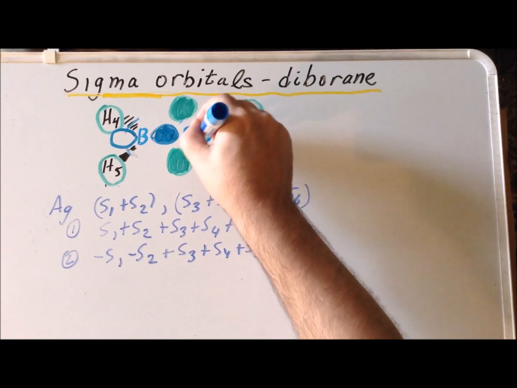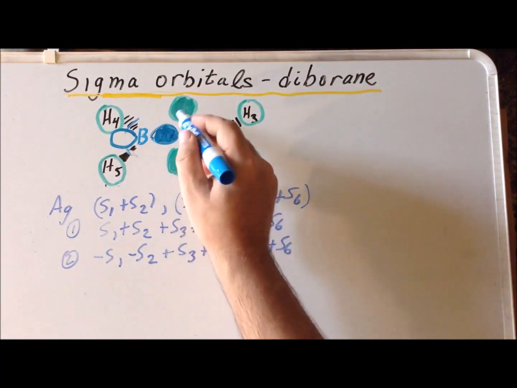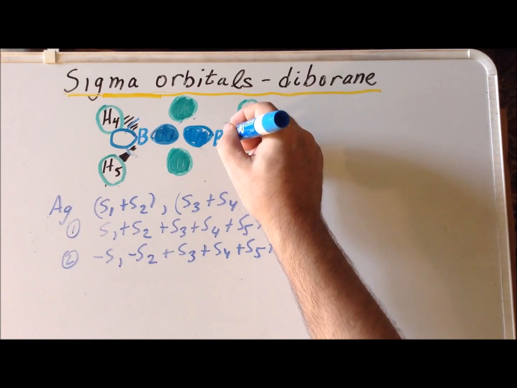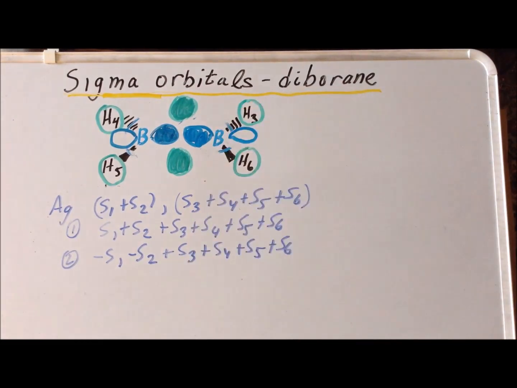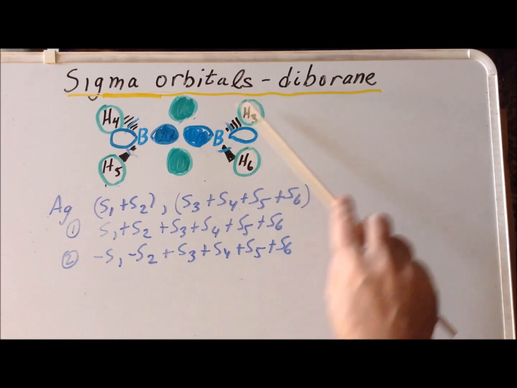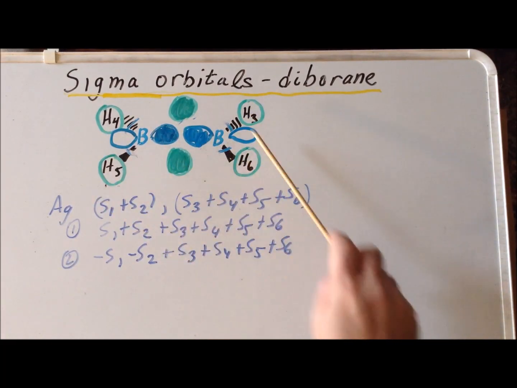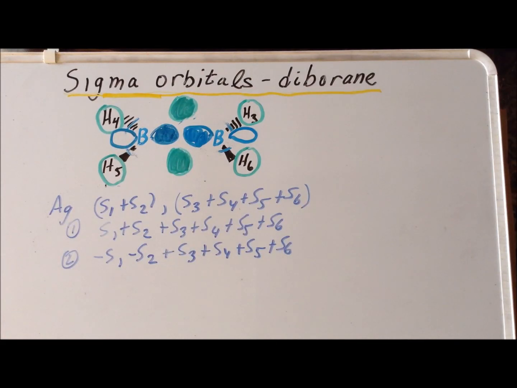That's a bonding interaction with the other boron as well as with hydrogen 1 and hydrogen 2. And then the opposite phase here, remember, because for the p orbitals, one lobe has one phase and the other lobe has the opposite phase. So now this is a bonding interaction with H3 and H6. This gives us a pictorial representation of the other Ag combination for diborane.